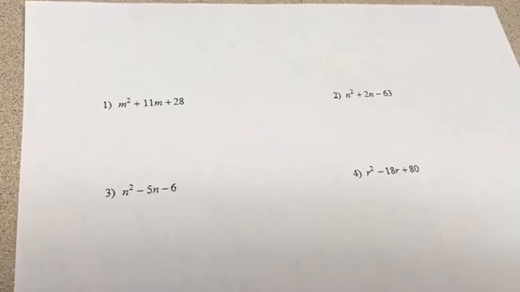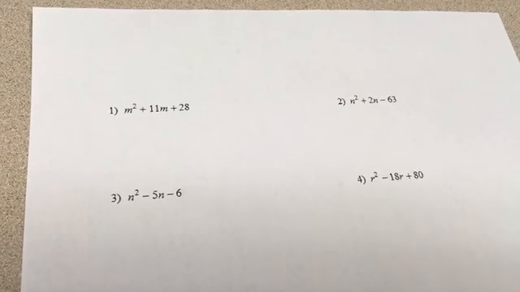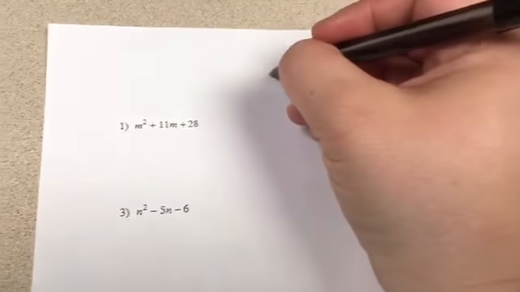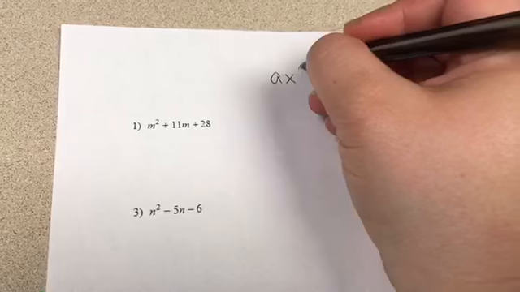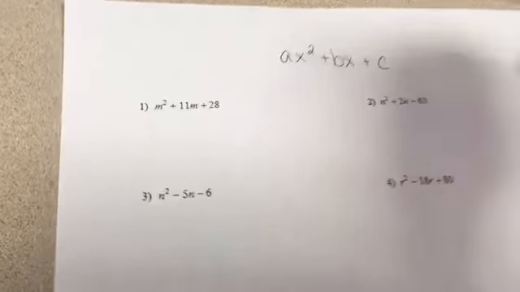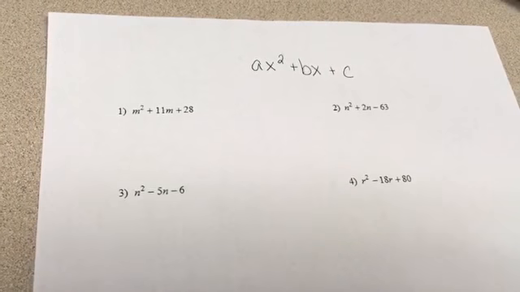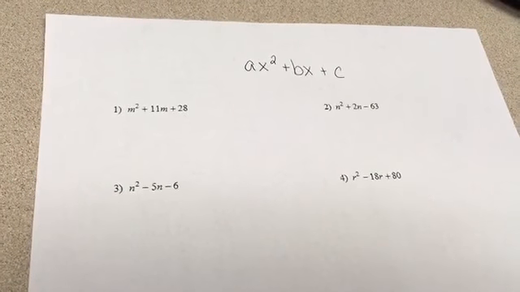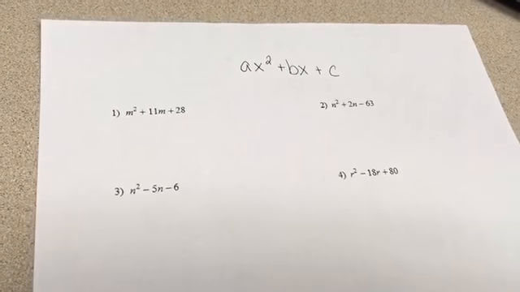Okay. Looking at these, they are all quadratics, and they're pretty much in standard form, except they don't have an equal sign. So what I mean by that is they all kind of look like this: ax squared plus bx plus c. Okay? Hopefully that makes sense to you guys. So what I want you guys to do then is we're going to do this thing called factoring.